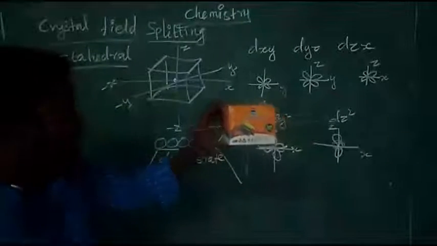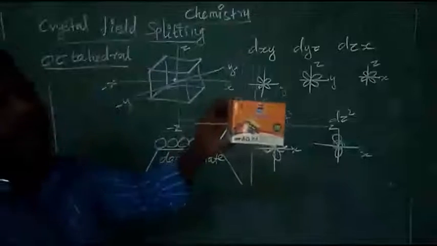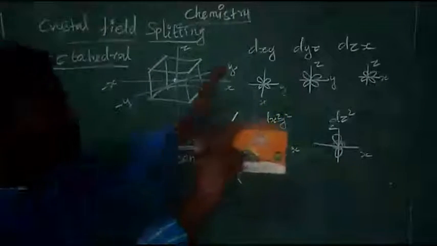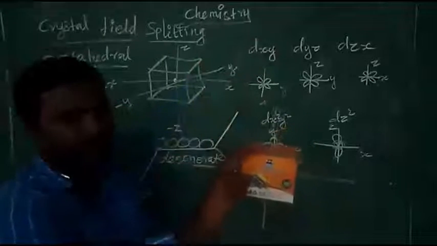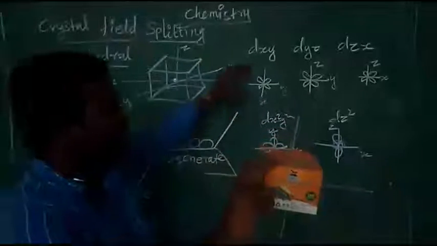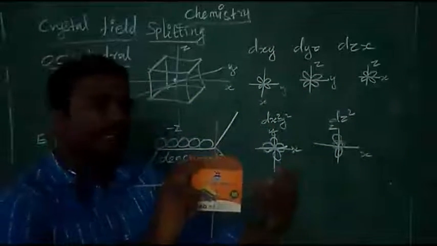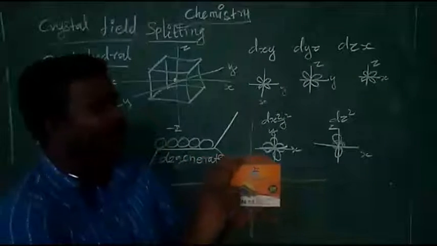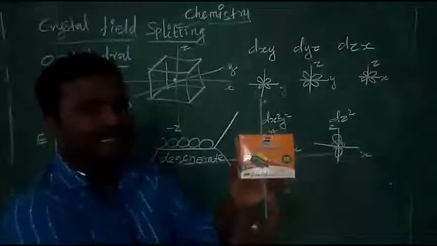Now just remember, in all these six axial positions, these five degenerated orbitals are approaching. For example, dxy is approaching the plus z axis, dyz approaching the plus x axis, then dzx approaching the minus z axis.